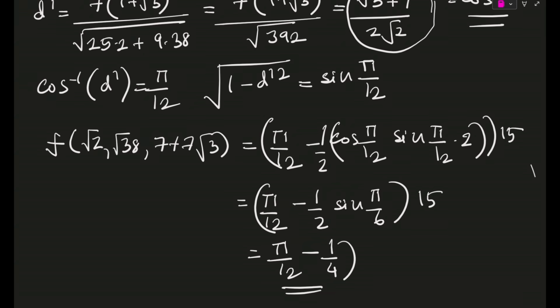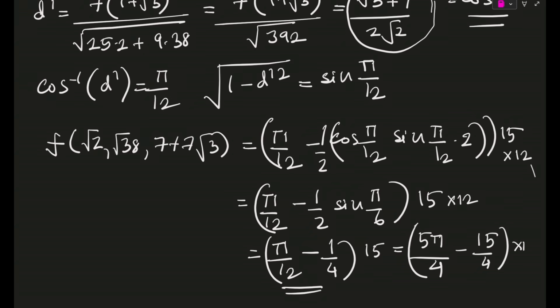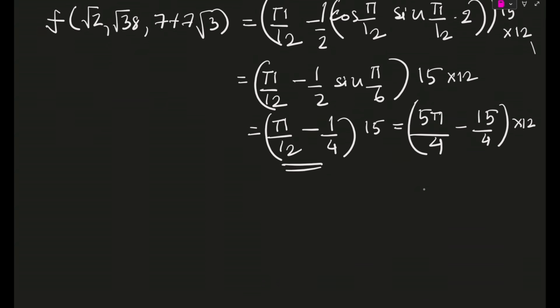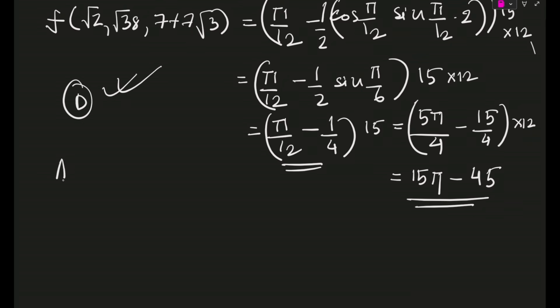So I guess this multiplied with 15 will come out to be equal to 5 pi by 4 minus 15 by 4. So the very last step is multiplying with 12. That's the final result. So multiplying this with 12, the final result comes out to be 15 pi. 4 threes are 12. Yes, 15 pi minus 15 threes are 45. So option number D is also very, very correct. Okay, so correct options for this question, guys, are A, B, C, and D.